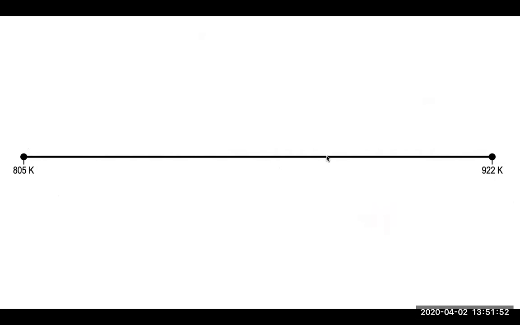Now, we'll start with some steps for substance H. Okay, so there's my first step. We've exchanged 250 calories, plus or minus, and so substance H goes up by 10.1. What that means is your new temperature is 815.1.